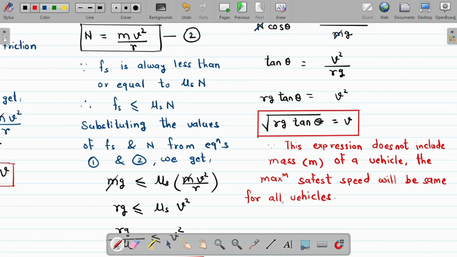In other words, you can say that the maximum safe speed on a banked road is independent of the mass of a vehicle.